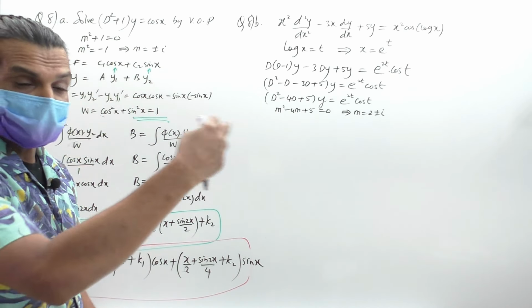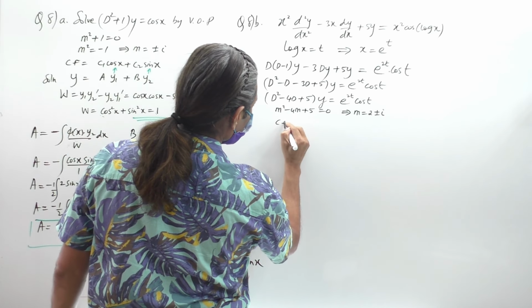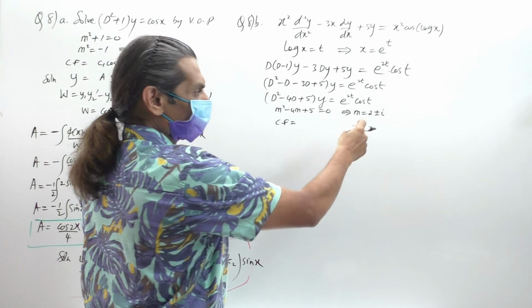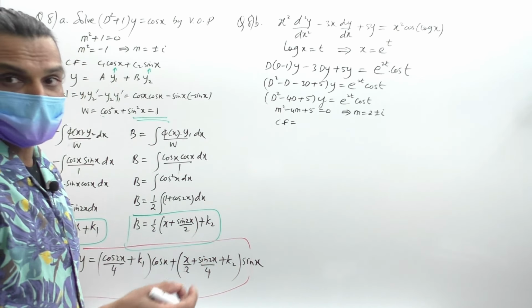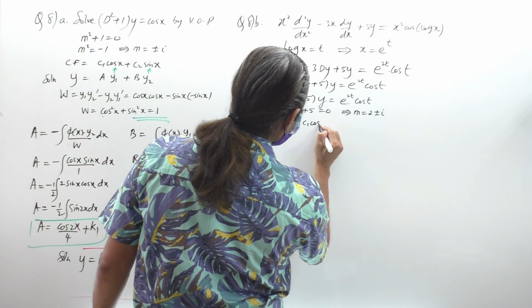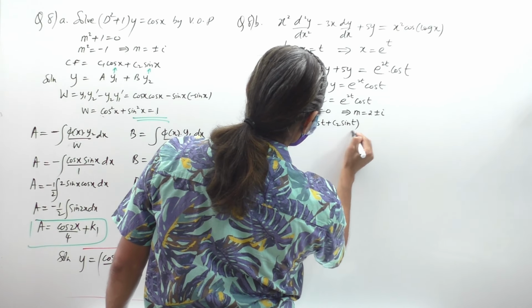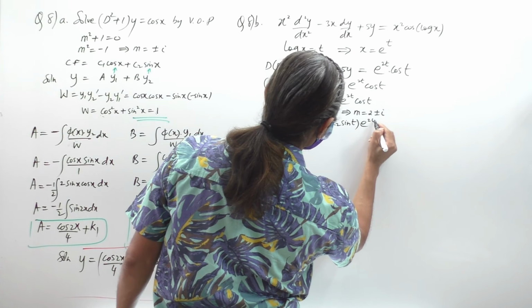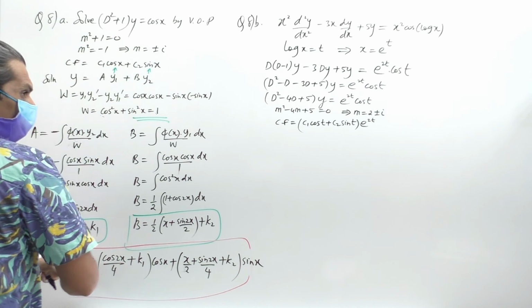So the variable is not x, it's t. Therefore the CF here will be nothing but, for m is equal to 2 plus or minus i, we usually write (c1 cos x plus c2 sin x) into e raised to x, but here the variable is t. So (c1 cos t plus c2 sin t) whole into e raised to 2t is the CF. So okay, let's underline the CF here now.